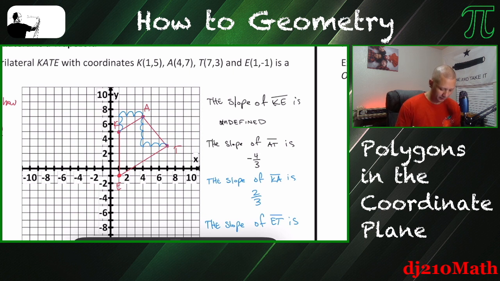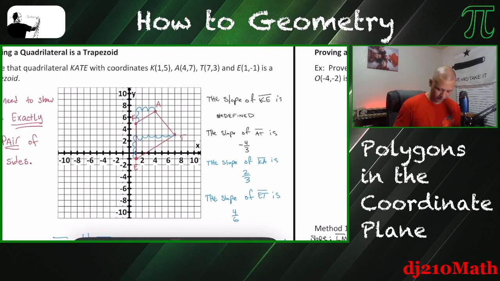So from E up to T. So I'm going to go up 1, 2, 3, 4. So positive 4. And then to the right, 1, 2, 3, 4, 5, 6. So 4 over 6, which reduces basically 2 over 3.